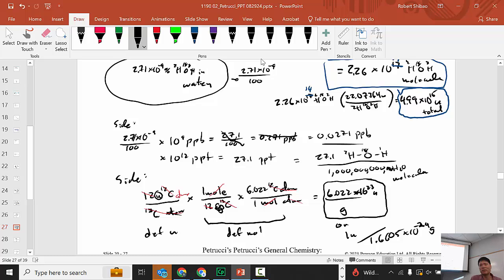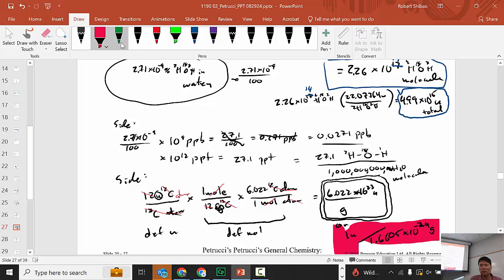Usually most people use this to 3 sig figs, so let's just say 1.66 times 10 to the minus 24 grams in a U. Is it easier to remember how many U are in a gram or how many grams are in a U? It's a lot easier. I don't know why the book doesn't use this. All the books use this, including ours.